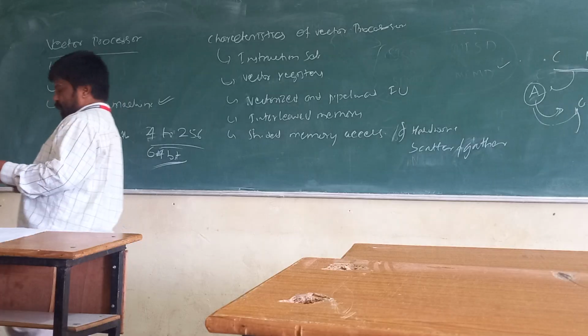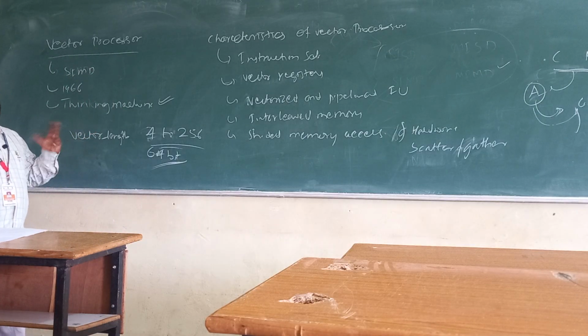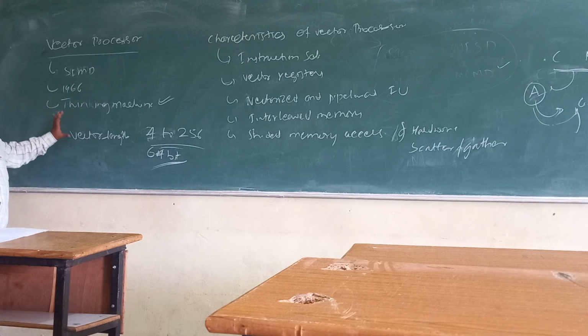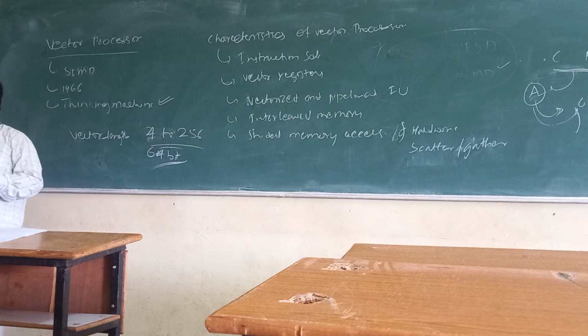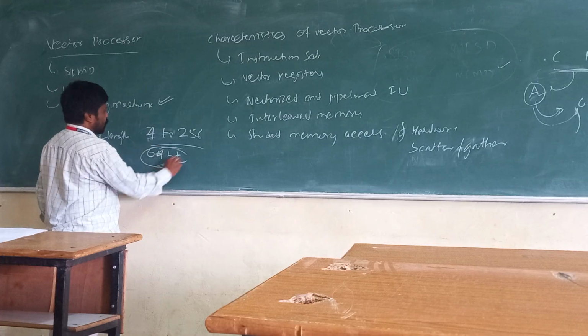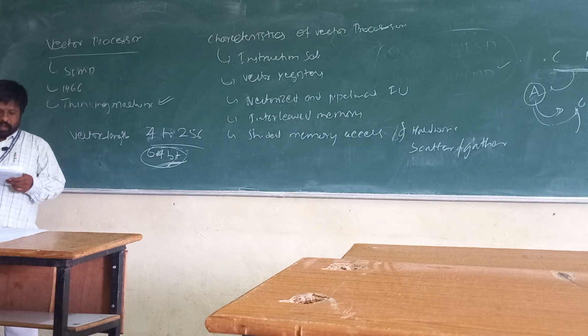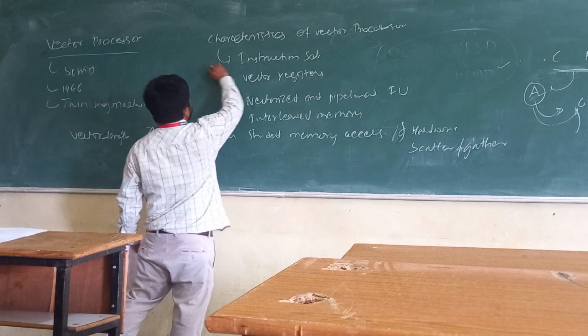Vector registers can store values and also perform operations, with a vector length from 4 to 256, and can operate on 64 bit lengths. Okay, vector length. The next point is the instruction set.